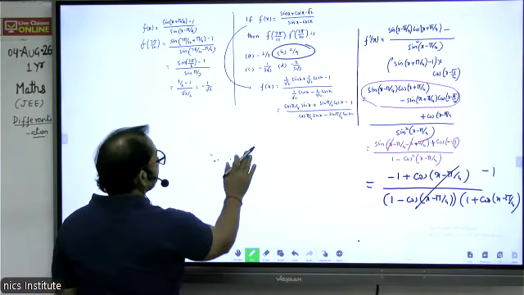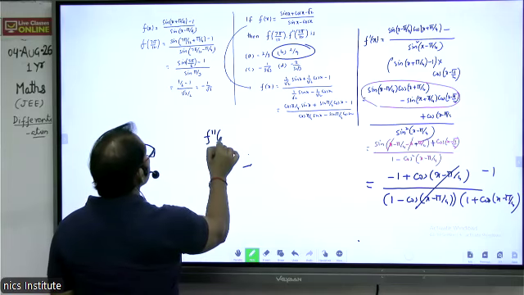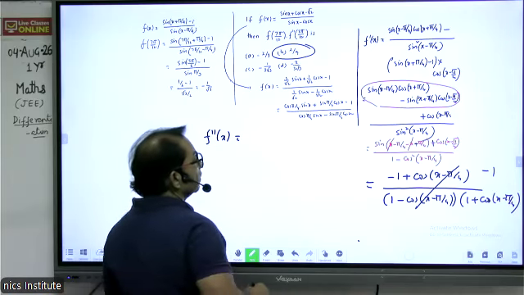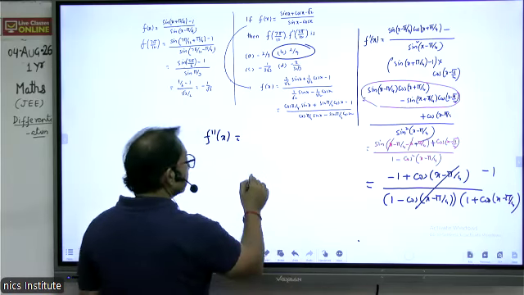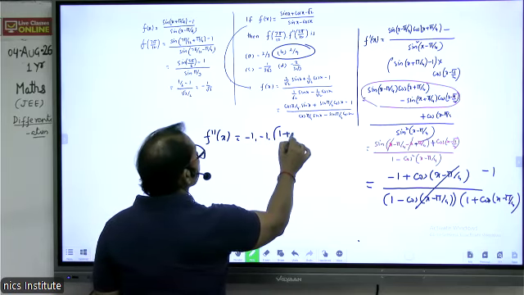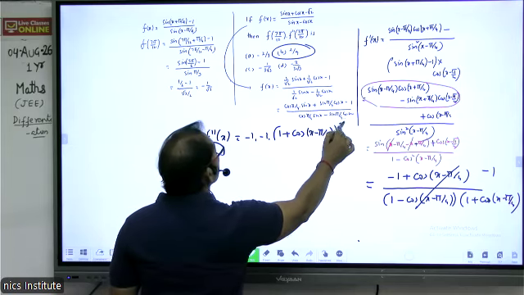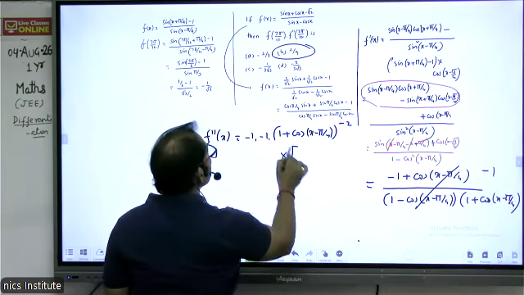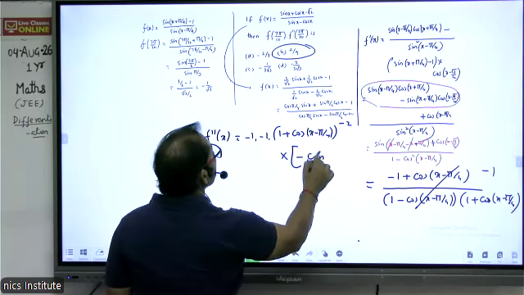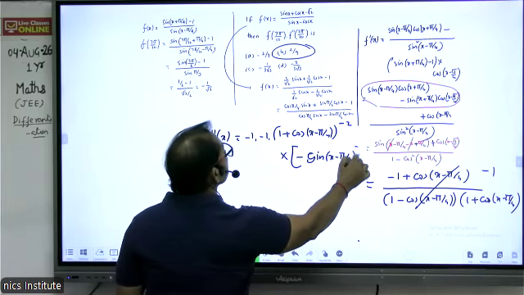I'll differentiate again. So this is f dash x. So when I differentiate once again, -1 divided by this, right? So it'll be -1 times 1 plus cos x minus pi by 4 to the power -2, and by chain rule the derivative of this, which is minus sine x minus pi by 4, right?